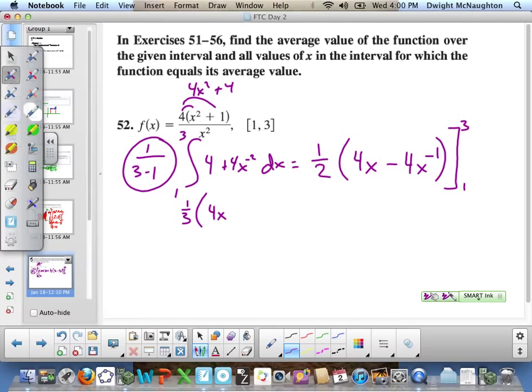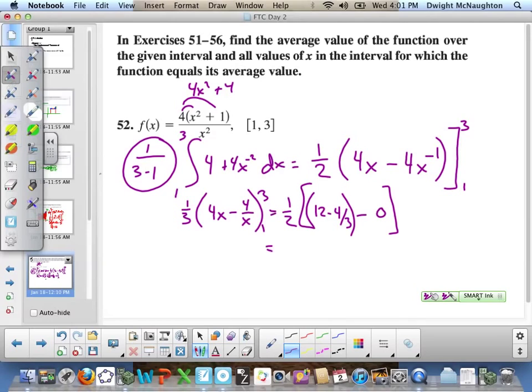I'm going to rewrite it again. It's easier for me to visualize it when I put it back into fractions. So we have 1/2 times 4 times 3 is 12, minus 4/3. Stick in 1: 4 minus 4 is 0 again.